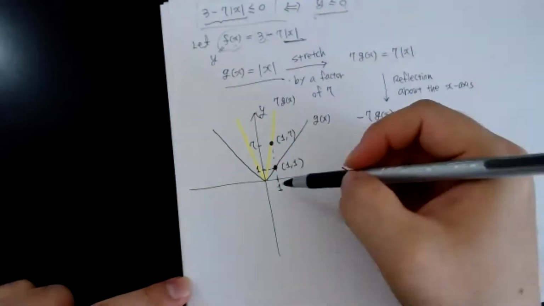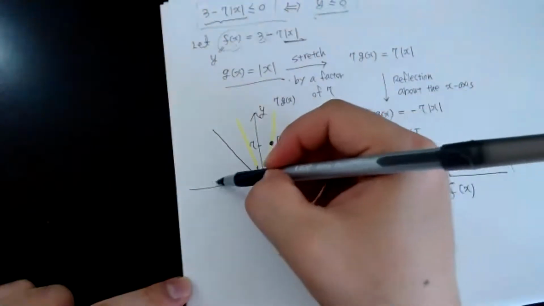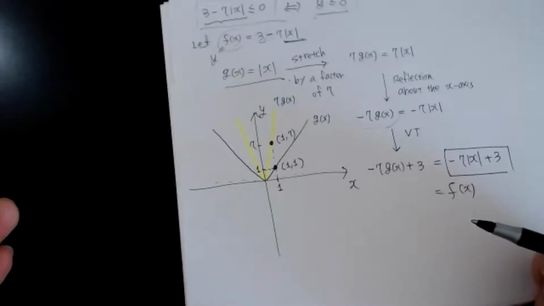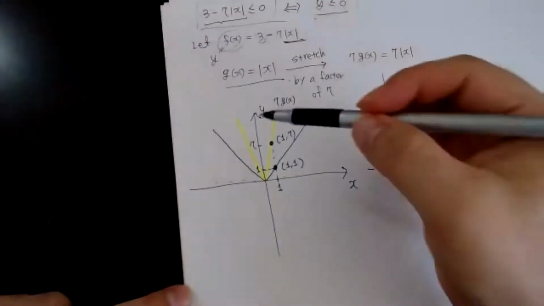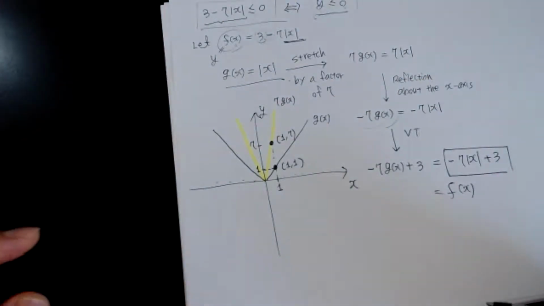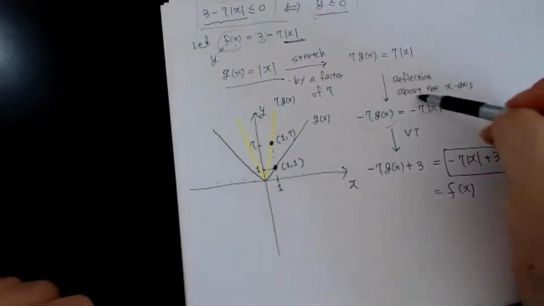Not only for 1, but for every single x coordinate, the corresponding y coordinate will be multiplied by 7. So that's why we're going to get this kind of graph for 7 times g of x. Now, the next one is reflection about the x-axis.